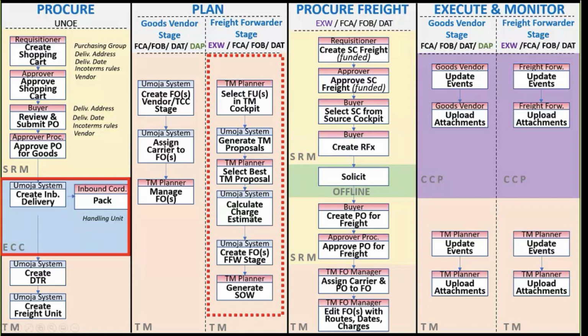It will impact the charges that Umoja TM is going to generate for the freight. Therefore, it is going to impact the statements of work that Umoja is going to generate, and it's going to impact the solicitation that we are going to make, if it's a quotation, if it's ITV, if it's RST, and therefore it's going to impact the purchasing of freight services.